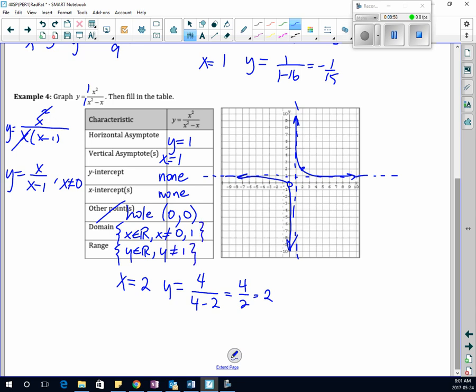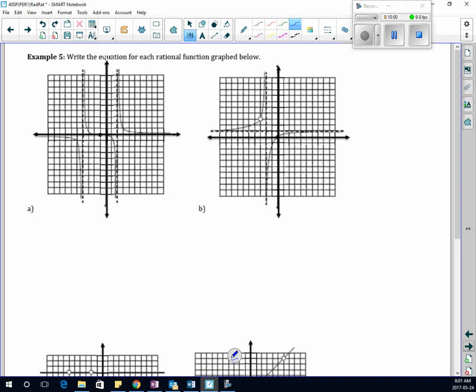All right. So now we're going to actually come up with equations. The equations are kind of loosely done. They're looking for main characteristics here. We need to have a horizontal asymptote at y equals 0, which means that we need to have a bigger denominator at the bottom than the top.